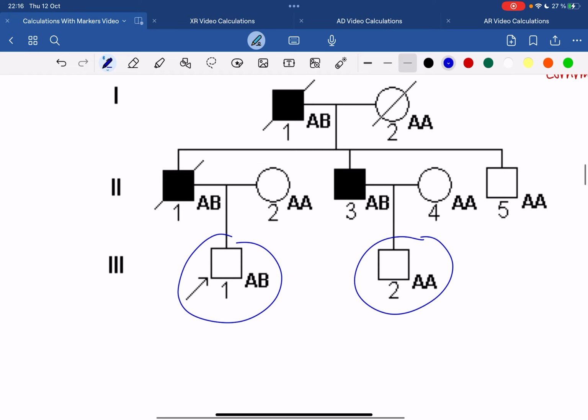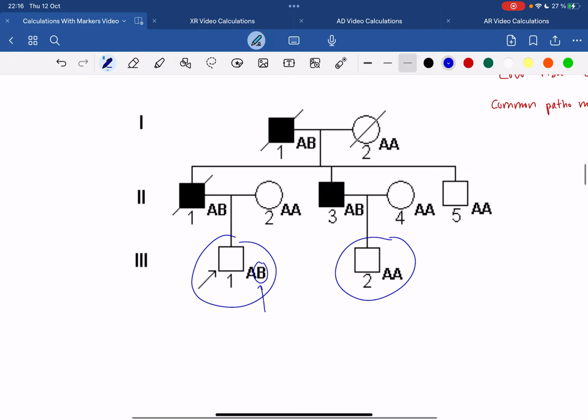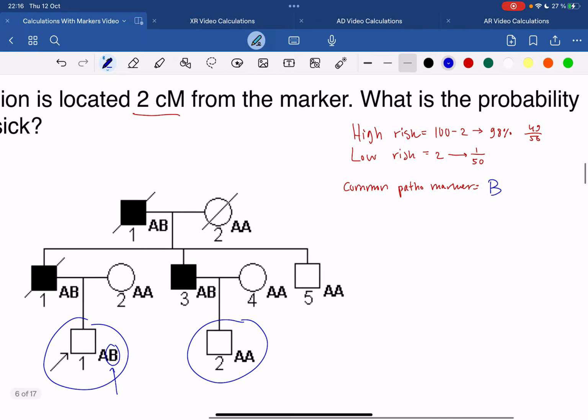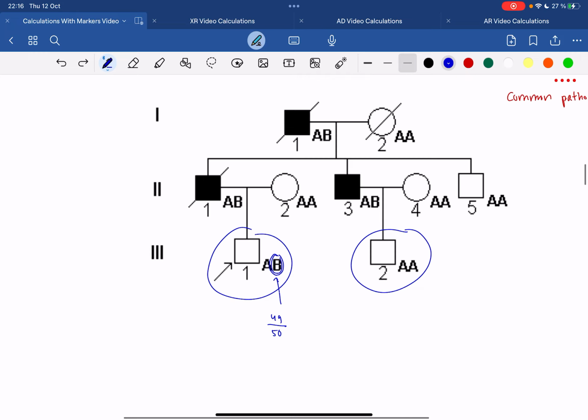For 3-1, he has a high chance. Why? Because he has this B marker that marks for the pathogenic allele. So he will have the high risk, which is 49/50. Why not 100? Because crossing over could occur, and this B could actually be just an A undercover.